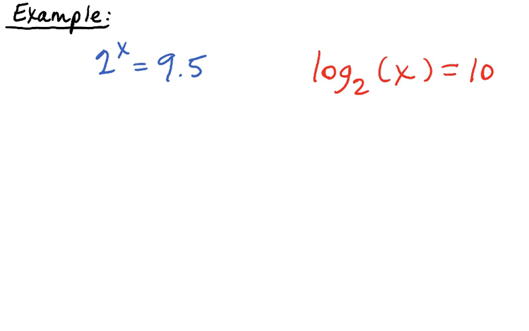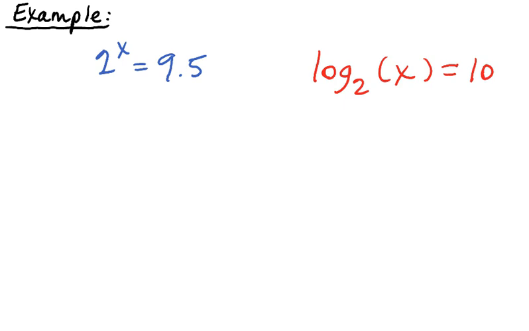The first examples we've got are some things with base 2. We've got 2 to the x equals 9.5, and log base 2 of x is equal to 10. We need to do the same thing to both sides of the equation. That's always been true in every algebra course you've taken. We want to do the same thing to both sides, to be fair.